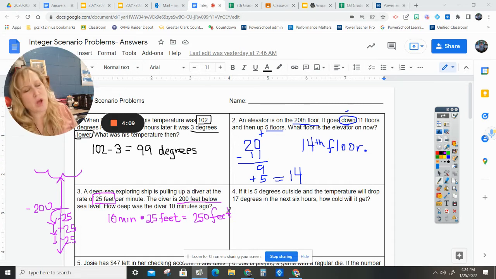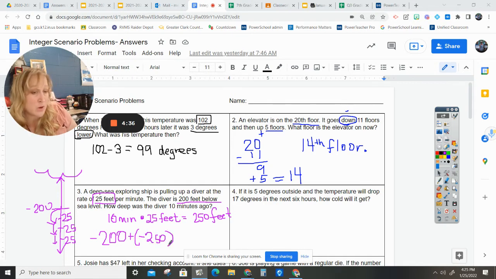But see, I'm using that word up, but my brain is saying I should be using a negative. Okay, so let it make sense like this. He is currently at 200 feet, but I have to add back the negative 250 feet.